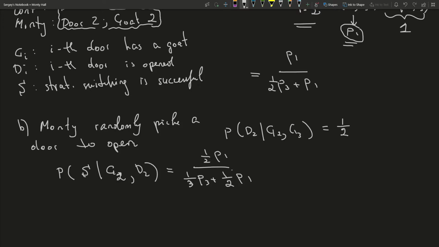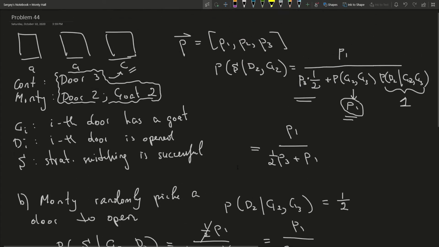And this is a half here, so we can cancel the 1/2s, and we get p1 over p3 plus p1. So again, the only difference was in this term here. And in part B, that term was no longer equal to 1, but was rather equal to 1/2, because again, Monty just randomly picks between door 1 and 2 to open.